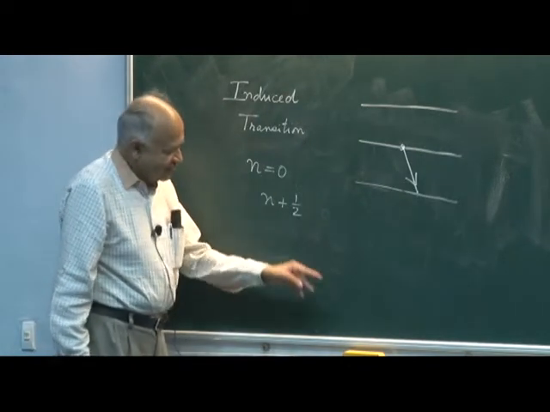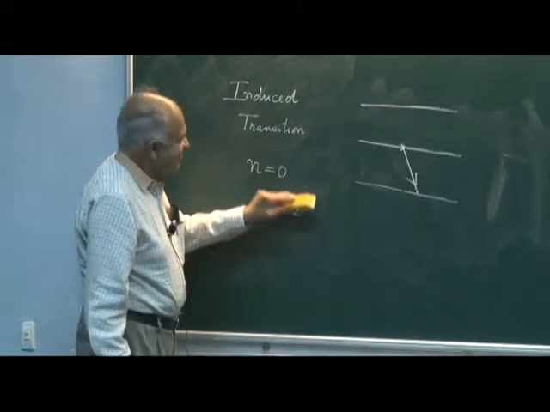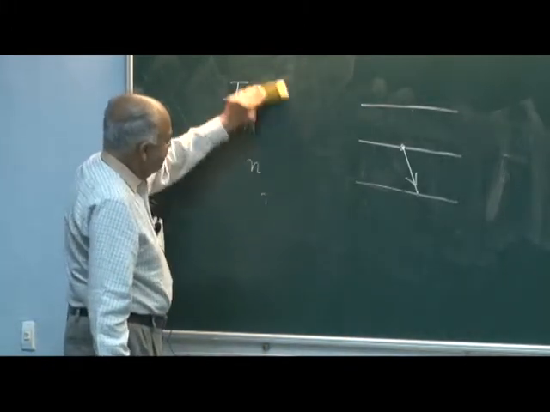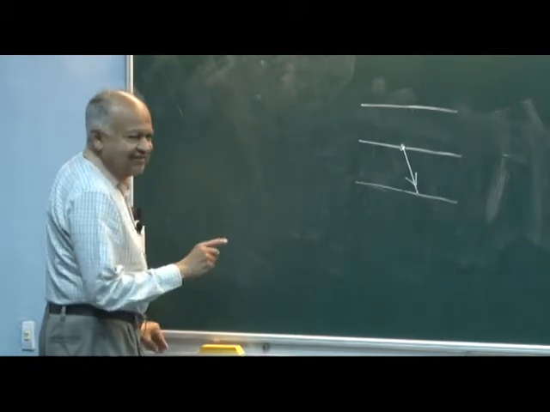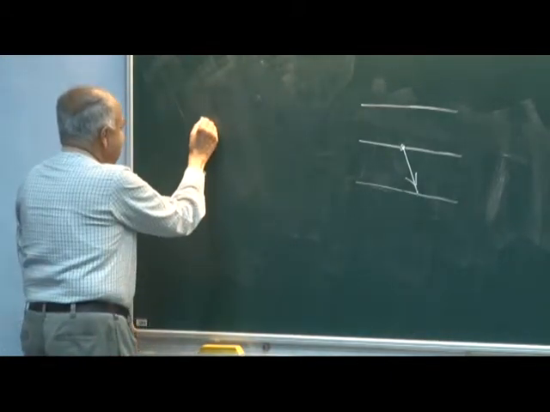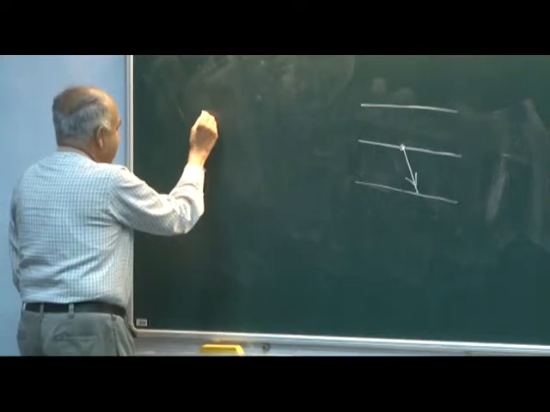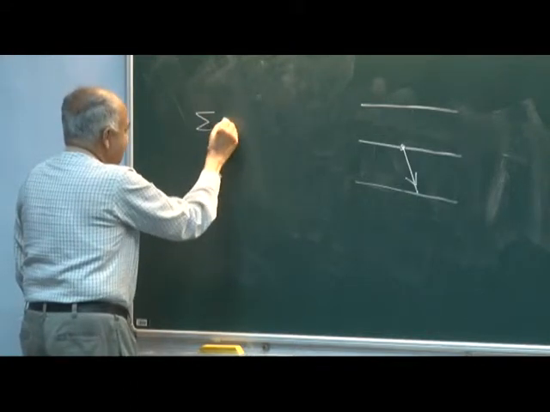Now, here what we can do in action at a distance is the following. Let me go to the classical result which we had. I will remind you of this.